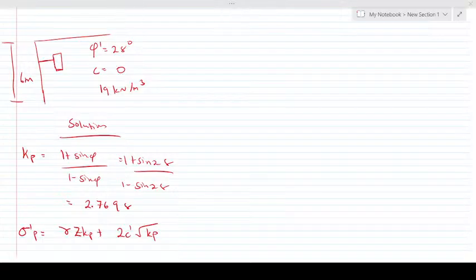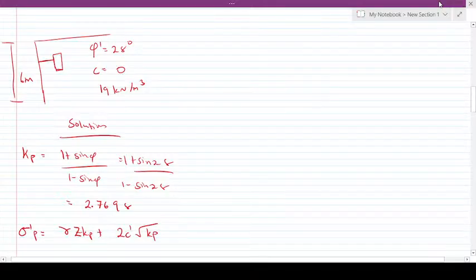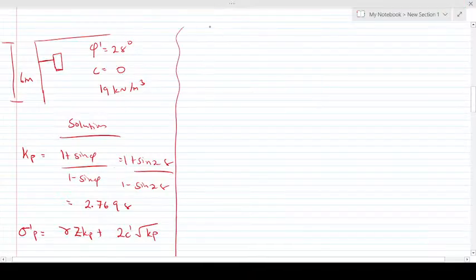Now, the next thing is that we are to find the forces at each distance. So again, at z equals 0 meters, you now know why I said you just go through 5 basic steps. We put our formula, right? What's our gamma? 19. What's our z? 0.